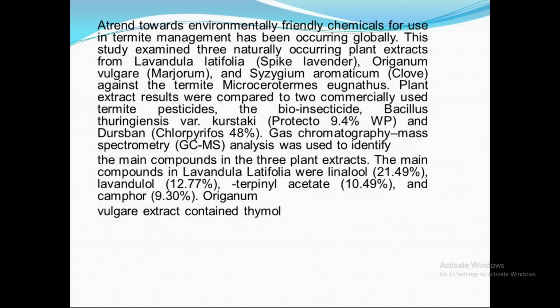Plant extract results were compared to 2 commercially used termite pesticides: the bioinsecticide Bacillus Protecto 9.4% and Rosban chlorpyrifos 48%. Gas chromatography mass spectrometry analysis was used to identify the main compounds in the 3 plant extracts and the compounds of the chemical pesticides.